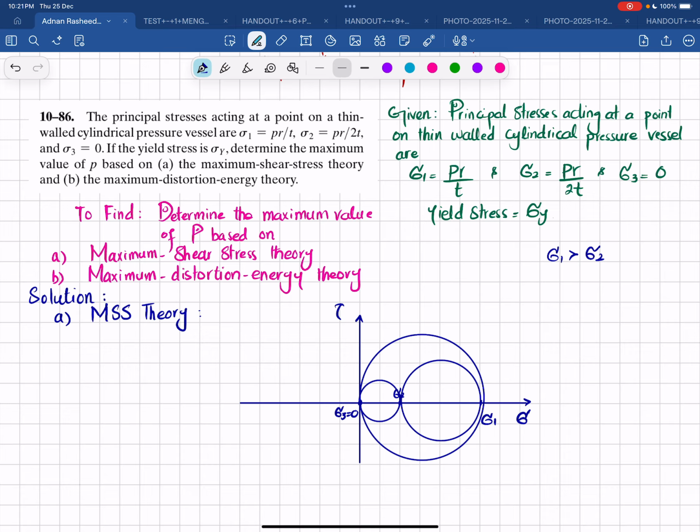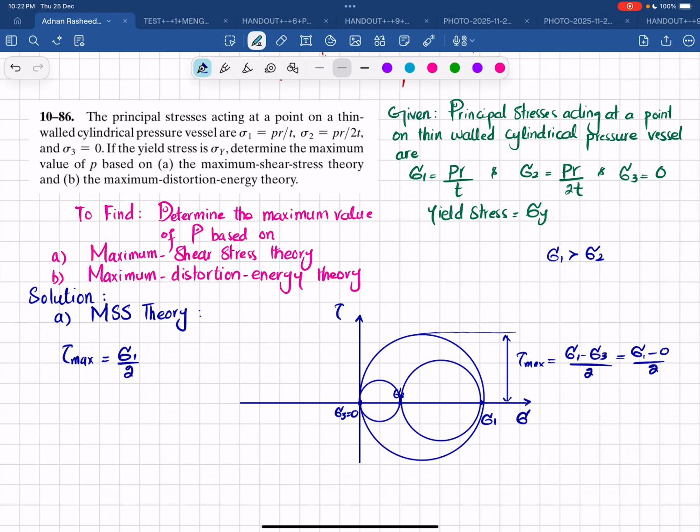From this, you can see the maximum shear stress will be this one, and we can write the maximum shear stress is equal to sigma 1 minus sigma 3 divided by 2. Since sigma 3 is 0, it is sigma 1 minus 0 divided by 2, so the maximum shear stress will be equal to sigma 1 divided by 2.